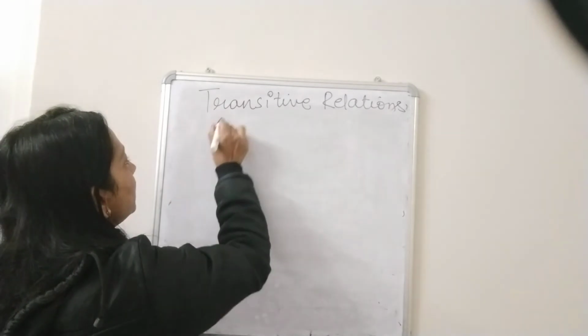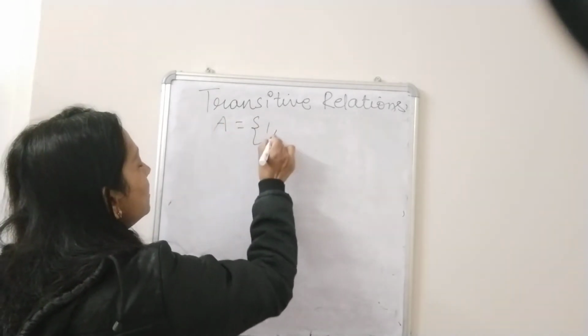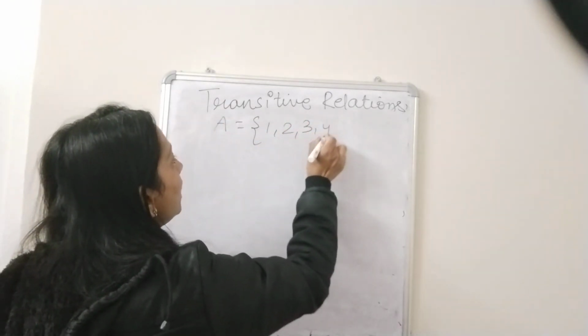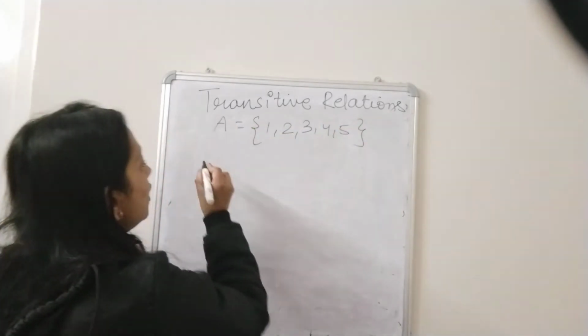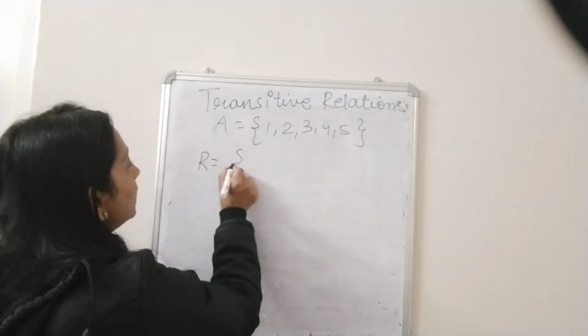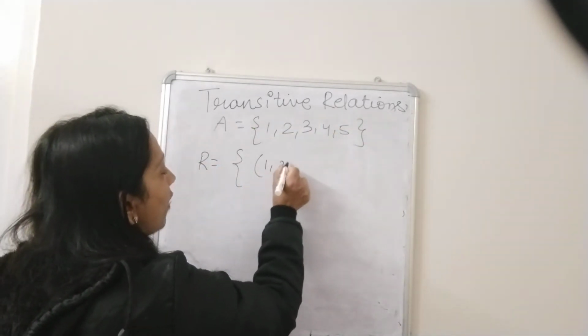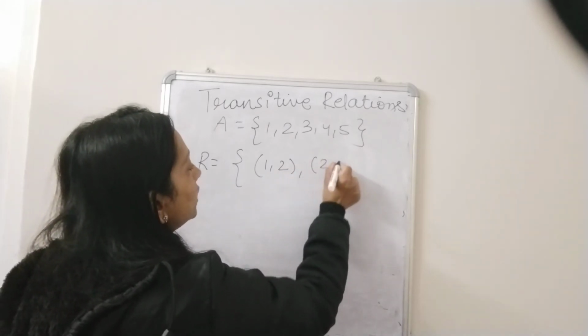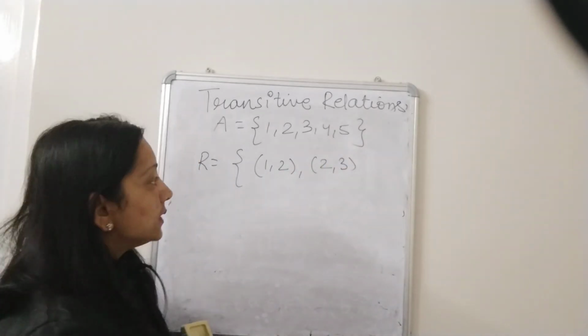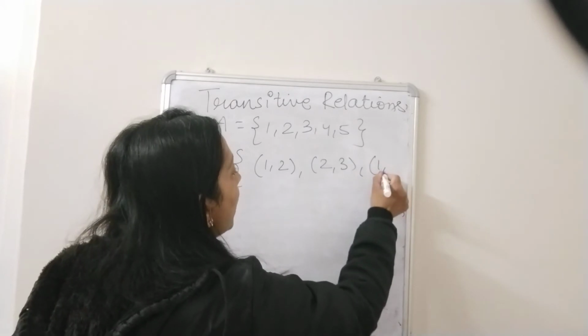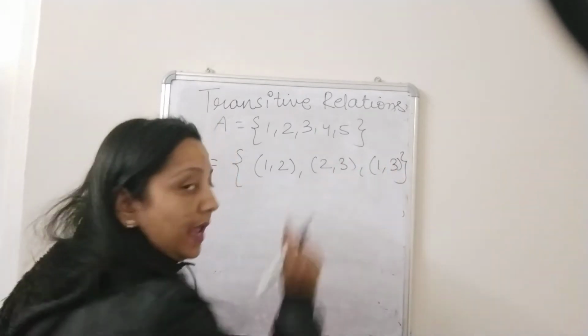So same set we will consider, set A having elements 1, 2, 3, 4 and 5. If a relationship set is such that if the ordered pair 1, 2 exists and the ordered pair 2, 3 exists, then the ordered pair 1, 3 must exist.